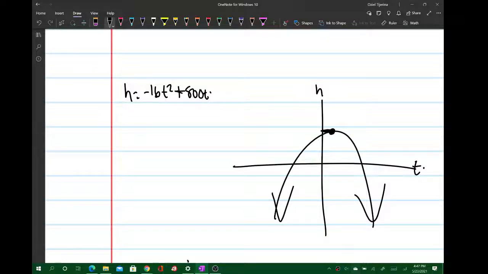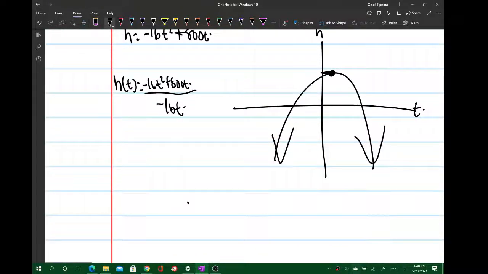How you're going to do this is, you can rewrite this. If we have h of t equals negative 16t squared plus 800t, either way, if you divide by negative 16, it'll still give you the same vertex.